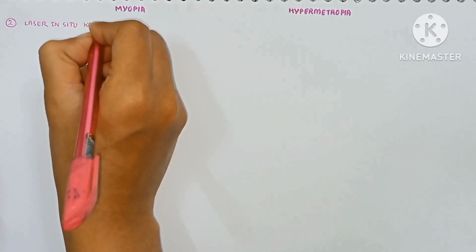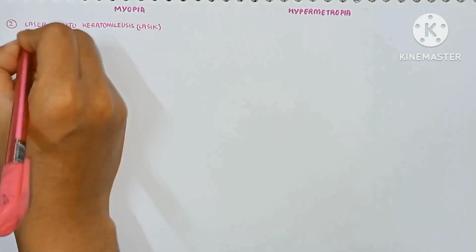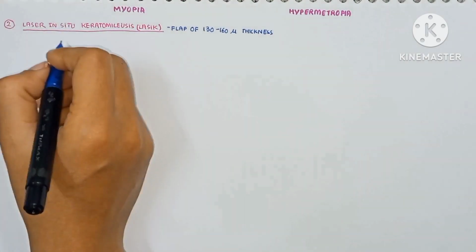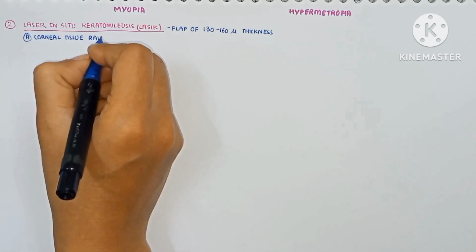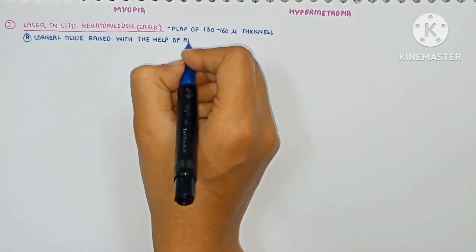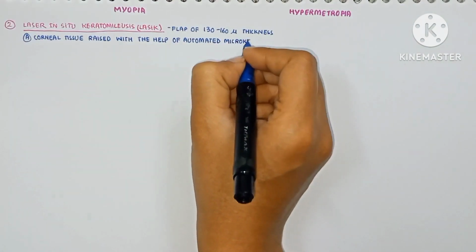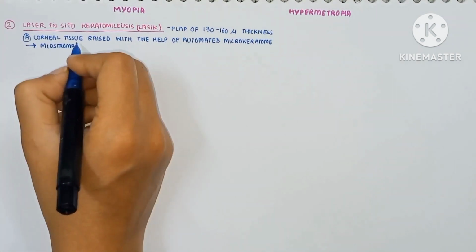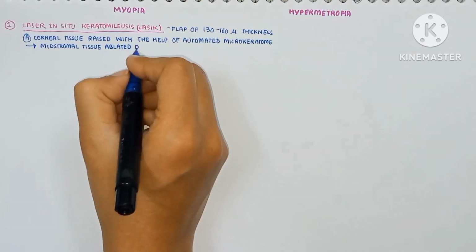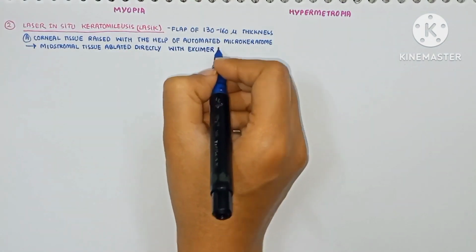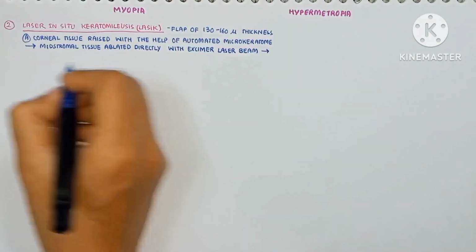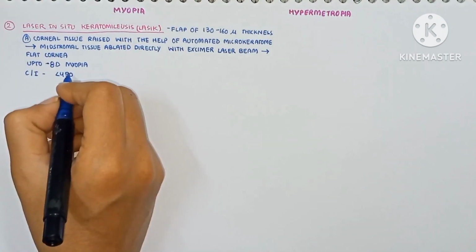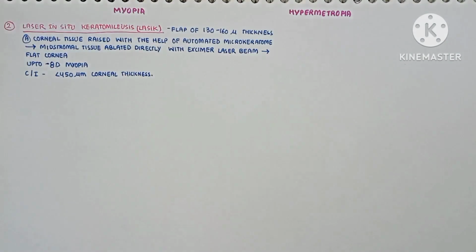The second treatment is laser in situ keratomileusis, LASIK. A flap of 130 to 160 micron thickness of anterior corneal tissue is raised with the help of an automated microkeratome, after which the mid-stromal tissue is ablated directly with the excimer laser beam, leading to a flat cornea, used in up to -8 diopter myopia, contraindicated in less than 450 micron corneal thickness.